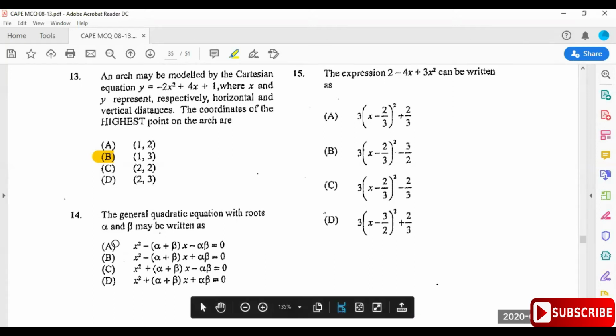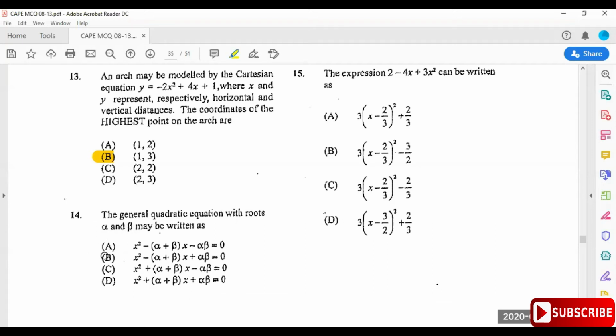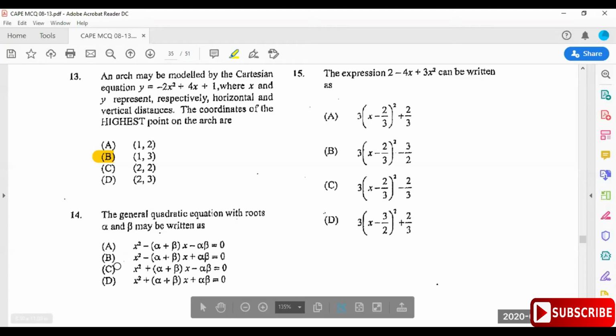So first and foremost, if the roots of a quadratic equation are alpha and beta, it can be in the form x squared minus the sum of the roots plus the product of the roots. All right, so that would clearly be b. X squared minus the sum of the roots, alpha plus beta, times x, plus the product of the roots equal to 0.